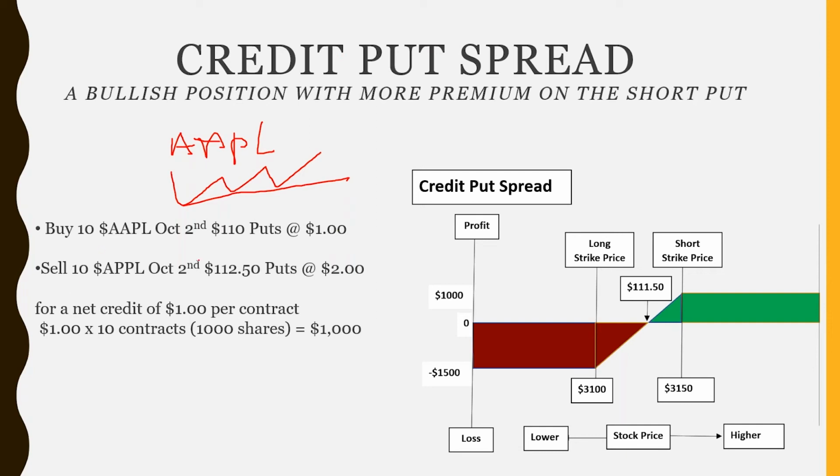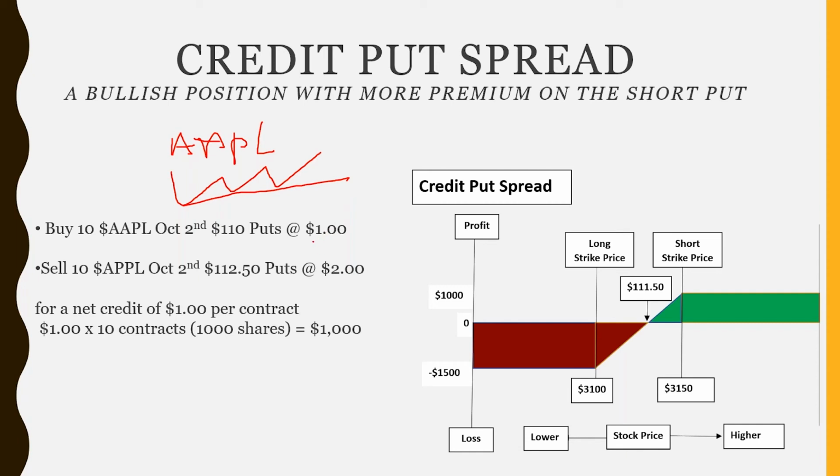So we would buy the 110 puts and sell the 112.50 puts. We sell and collect the premium at $2, and we buy and pay $1.